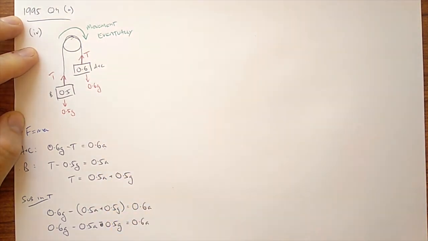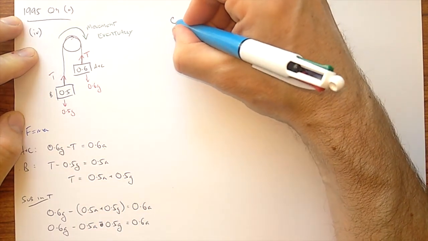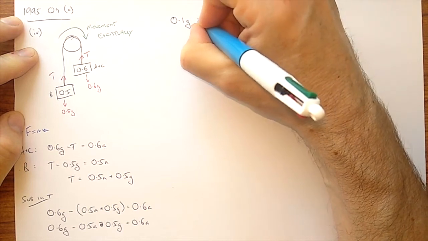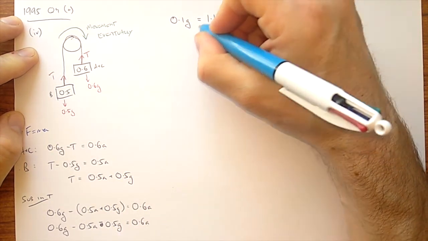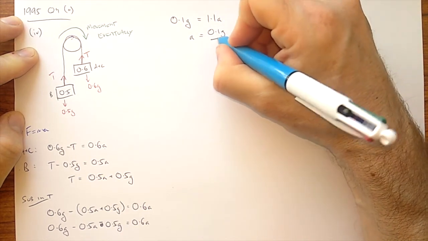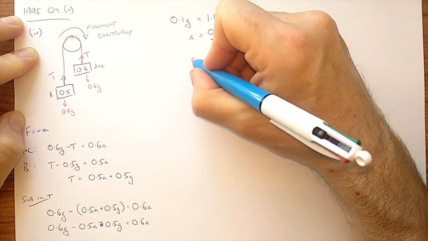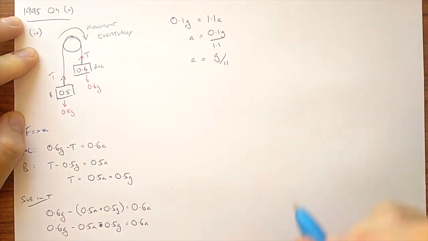Made a little mistake I talked about earlier on. Okay, so we're going to end up with 0.1g here. Bring this across 1.1a. Okay, so a equals 0.1g over 1.1. Acceleration equals g over 11.